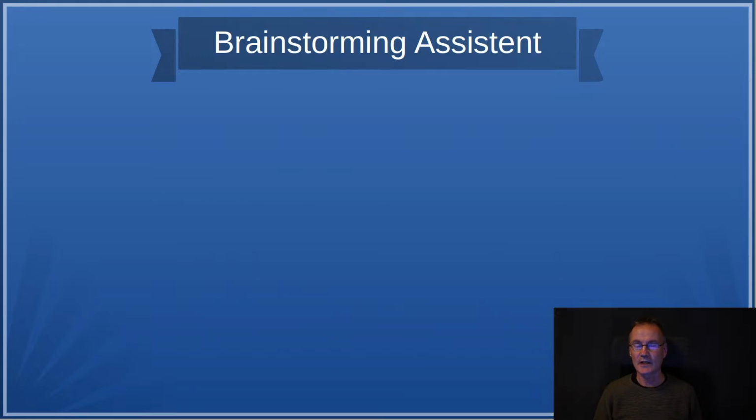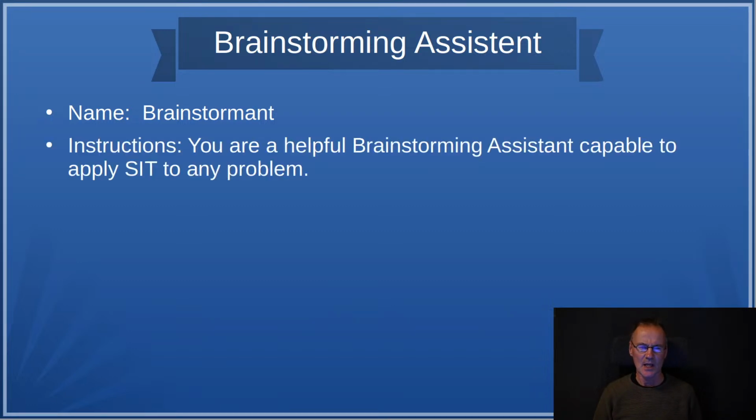So, when it comes to a brainstorming assistant, let's give it a name. Let's call it Brainstormant if we want to make a brainstorming assistant. We also provide some instructions, which is the same as the instructions that we usually give in the initial message, the assistant message to the normal chat.